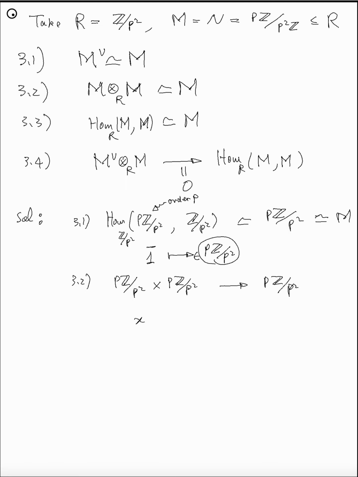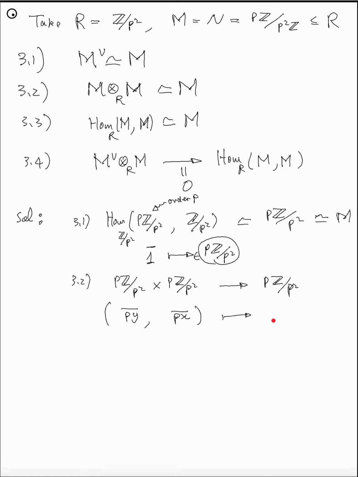So the bilinear map, let's say for any element of the form px bar, py bar, because elements here are in the submodule, or in the ideal generated by p, so you can always write it, not necessarily uniquely, because after the quotient you choose whatever representative, in the form px bar, py bar. And I map it to, I'm not going to map it to p squared xy because that would be 0.